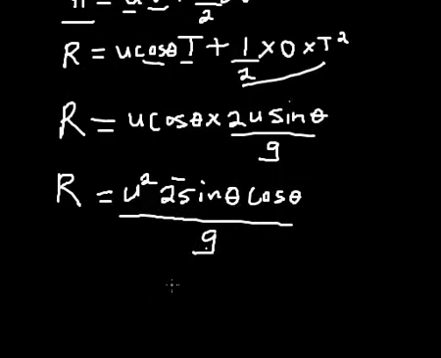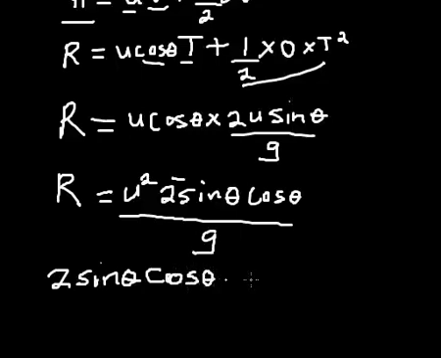Now this expression, 2 sine theta cos theta, in trigonometry we call it the double angle. So probably you should go to trigonometry and actually verify or prove that. So 2 sine theta cos theta is the same thing as the double angle of sine theta, that is given as sine 2 theta.